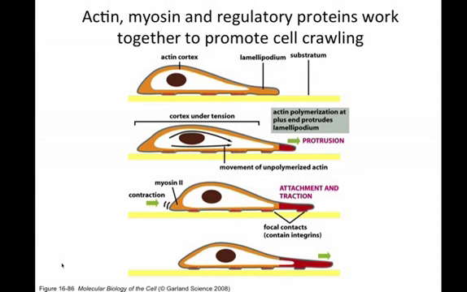But at the same time, this rear needs to move forward, and so you're going to have a different type of actin polymerization in the rear, and different kinds of myosin associated there, myosin 2, and you're going to have the contractile actin that's going to contract and push the rear forward. And that's how you get cell movement.